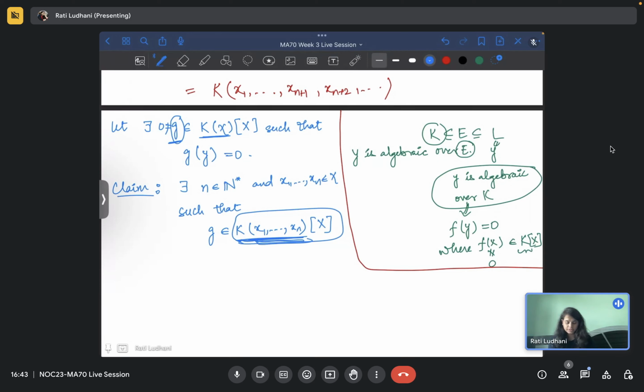You want the coefficients of G to belong to this field, right? So what can I take x1 to xn to be? Or some n, m, I don't care, because we just need one natural number. Anyone?